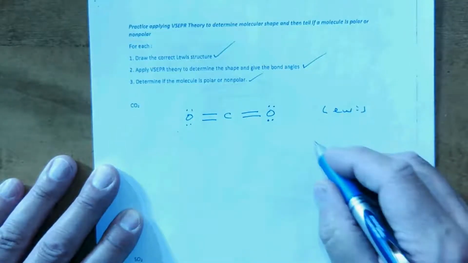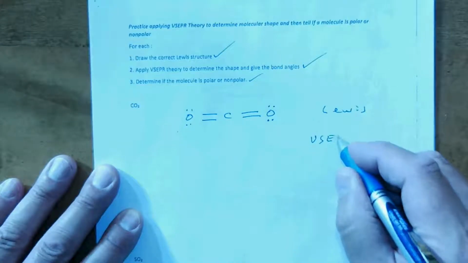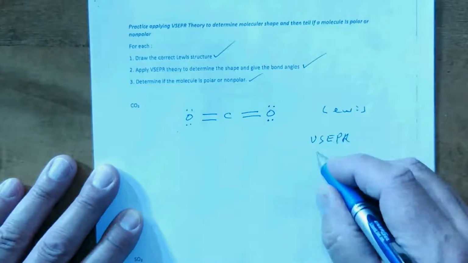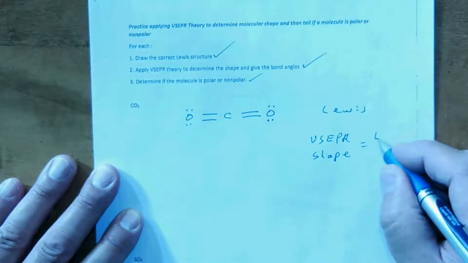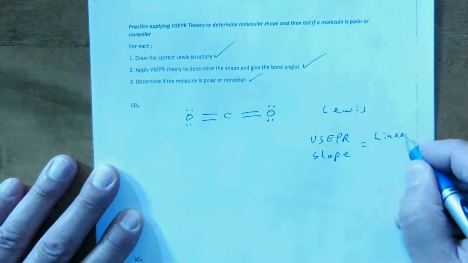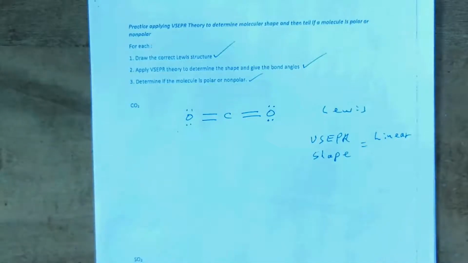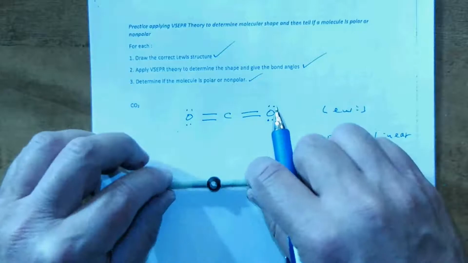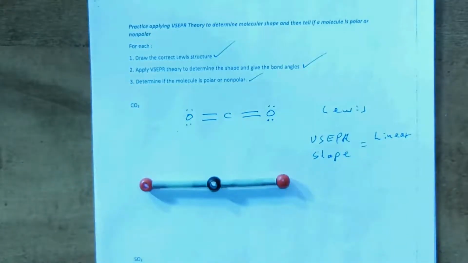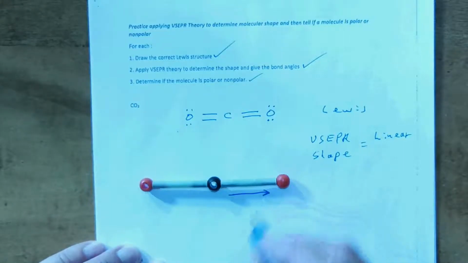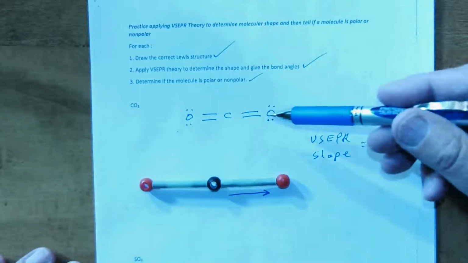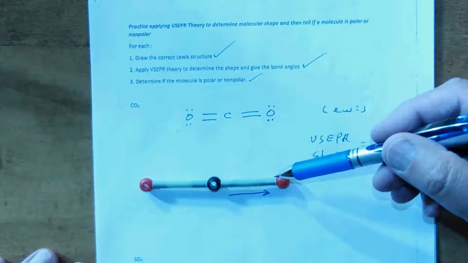According to VSEPR theory, it is linear. So if you were to build it, you would end up with this. You have a dipole going here. I'm not going to try and show the double bonds in my model. That's too hard to do.